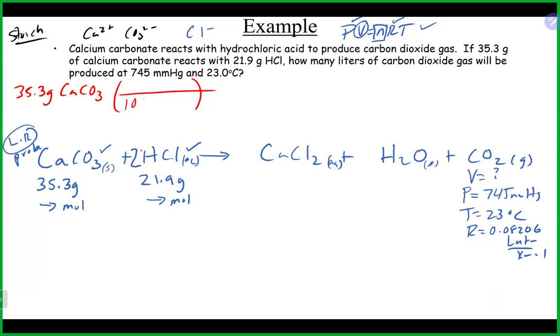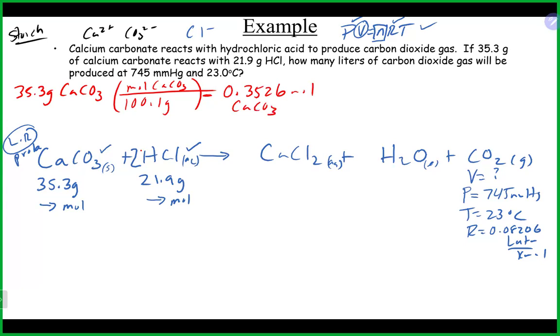That's going to give us 100.1 grams per mole of calcium carbonate, again from the periodic table. And that will get us 0.3526 moles of calcium carbonate.